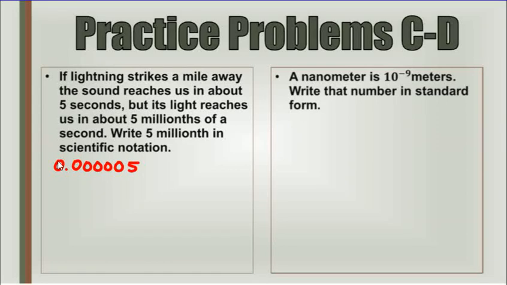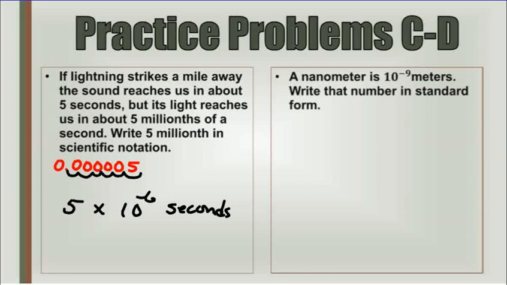So that's our decimal. We need to write that in scientific notation. So if I move it 1, 2, 3, 4, 5, 6, I have 5 times 10 to the negative 6, because this is less than 1. So it'd be 5 times 10 to the negative 6 seconds.